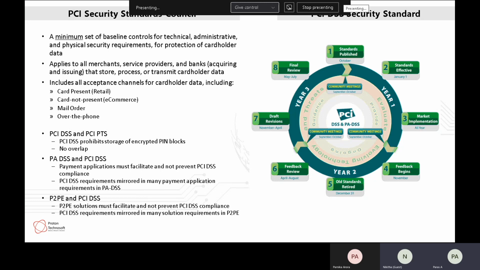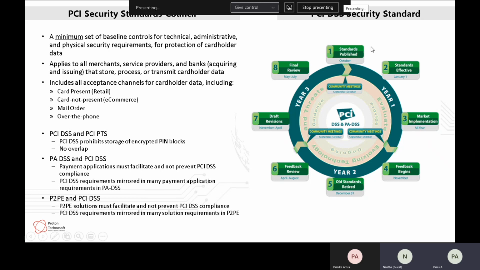All that is administrative. Physical security is where it talks about CCTV, the access cards, and the verification or entry to the building premises. So all that is the physical security requirements that this data security standard talks about.